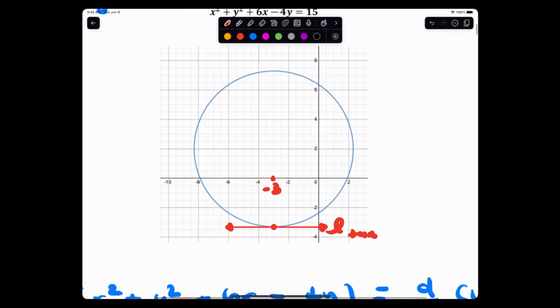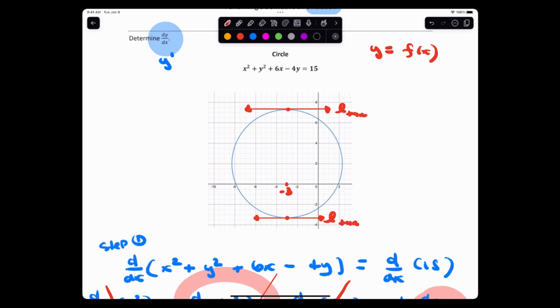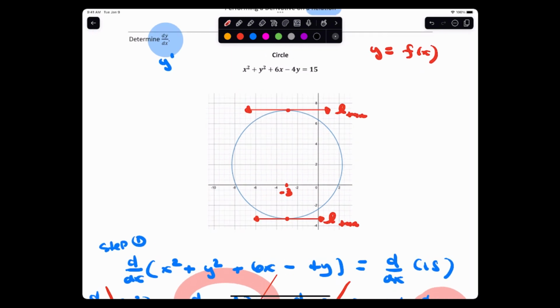But there's another location. So this curve has 2 points on it where you have a horizontal tangent line. And that happens when x is what number? Negative 3. Good. Okay, you guys okay with that?